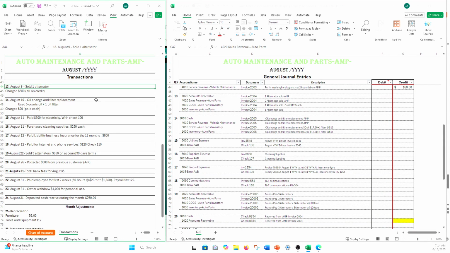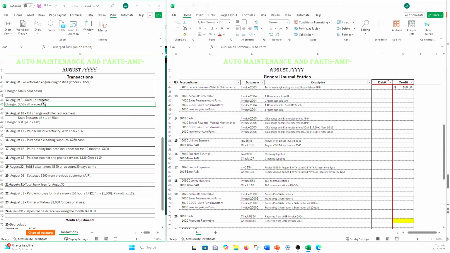Number 13 says that the company sold one alternator for $350. So let's see. We sold one alternator for $350, all on credit.